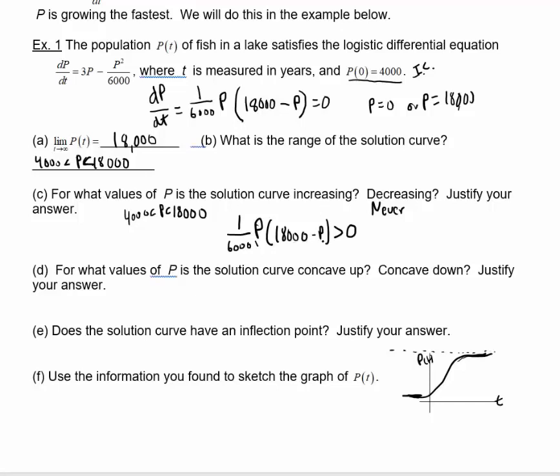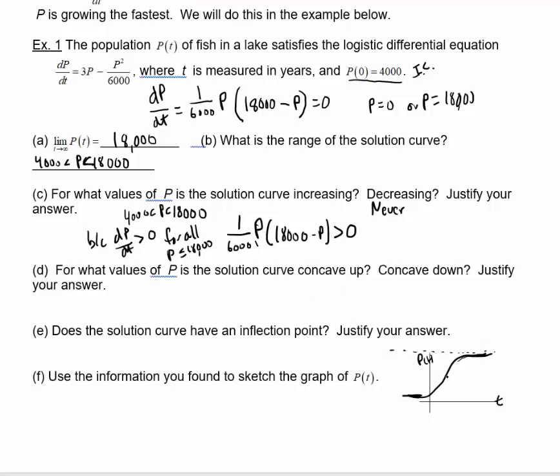Decreasing would be when p is greater than 18,000, because 18,000 minus a number greater than 18,000 gives you a negative, times a positive would be negative. But again, this graph never goes over 18,000, which is why this is never decreasing. So my justification would be because dP/dt is greater than 0 for all p less than or equal to 18,000, something like that.